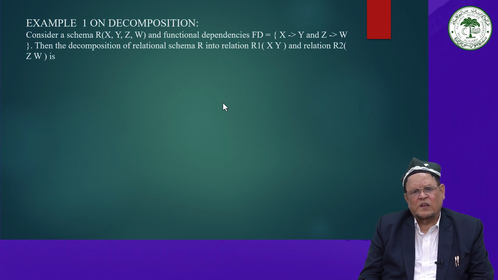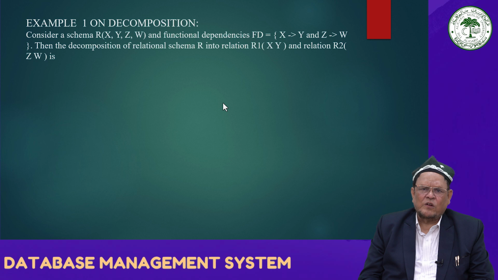So there are some mathematical steps. You have to check: if it follows all three conditions, then we can say this decomposition is lossless. Otherwise, we can say that this decomposition is lossy.